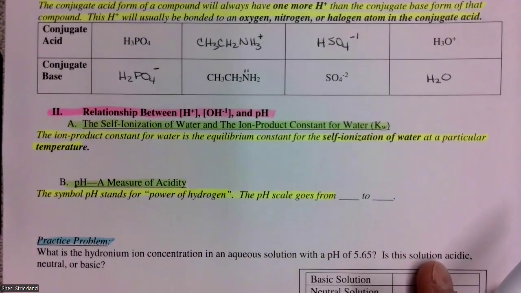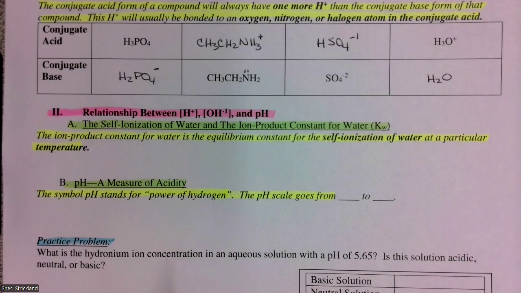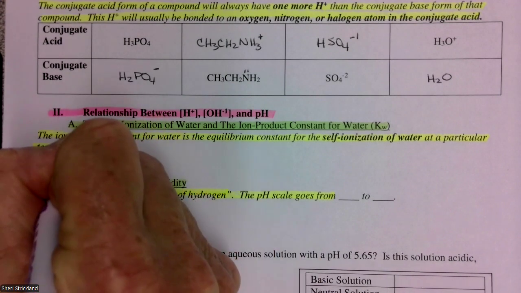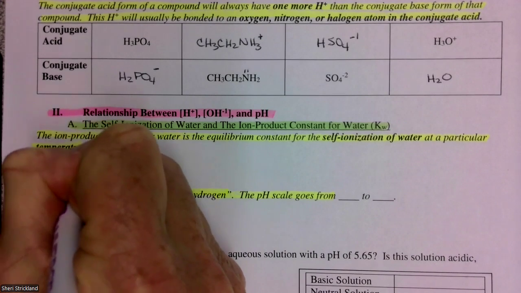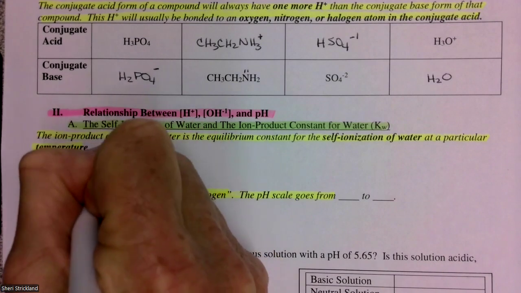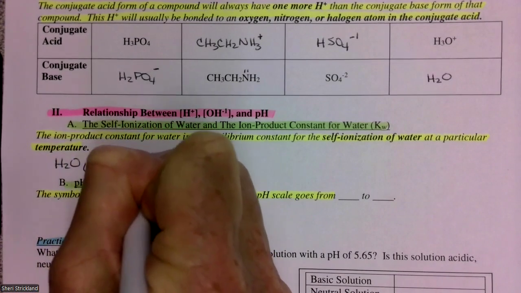All right, so the pH system that we use to express the relative acidity or basicity of an aqueous solution comes from the self-ionization of water, which means that if you have water, and sometimes it's written with a coefficient of 2, I'm just going to write it out like this so that you can see better what's happening.